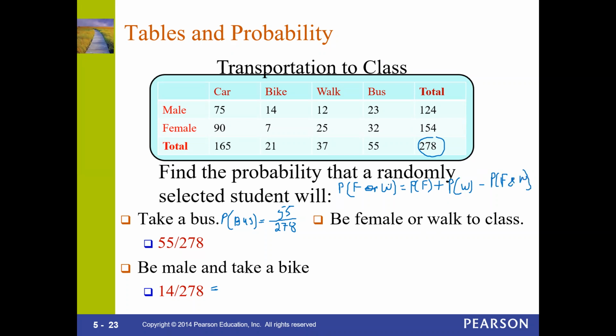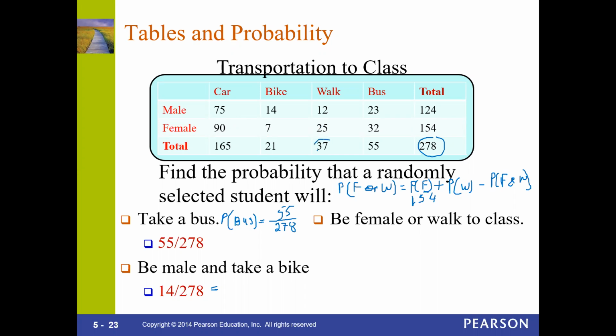Now we need to know how many females we have in total. Notice that we have about 154 females, 154 females out of 278. How many people walk to school, to class? About 37.